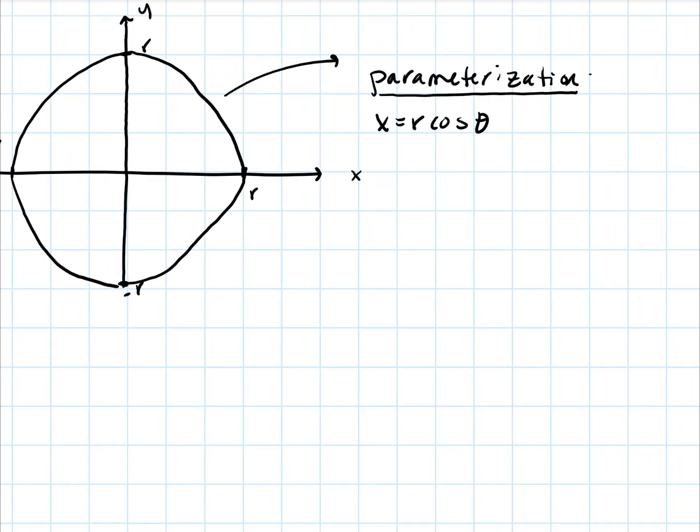We could say t if we wanted to, but I'm going to use theta. X equals r cosine of theta, and y equals r sine of theta on theta from 0 to 2 pi.